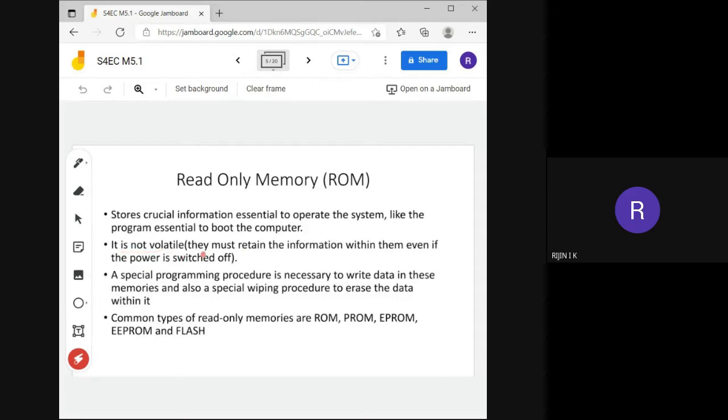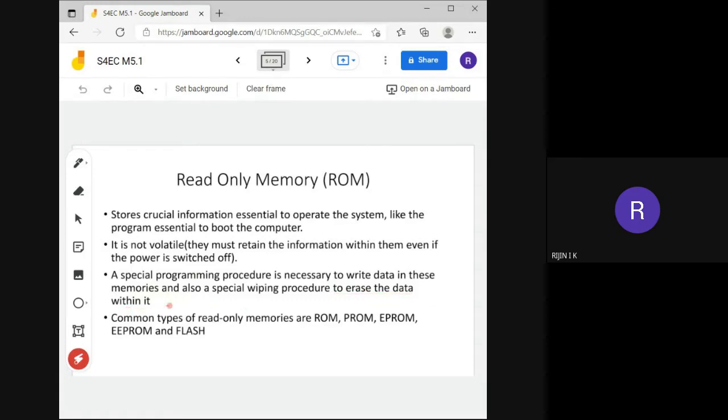That means they must retain the information within them even if the power is switched off. That is why we call read-only memories non-volatile memory. And for writing information to the read-only memory, a special programming procedure is necessary to write data in these memories, and also a special wiping procedure to erase the data.